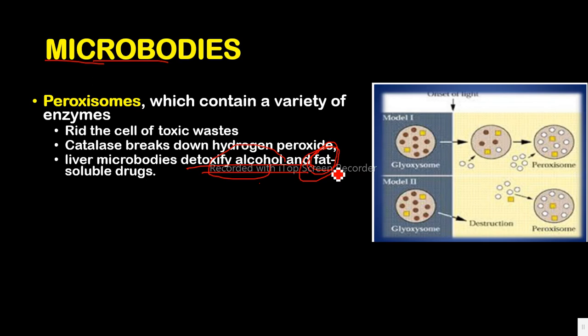It is the liver that is responsible for doing that. In the liver, you have very many of these microbodies that contain the digestive enzymes that will break down the fat into metabolites, and break down the drugs into metabolites, which can be removed by the kidney, and you pass them out as urine.